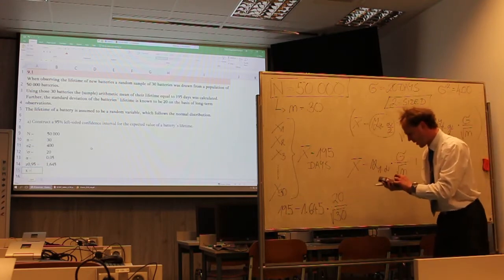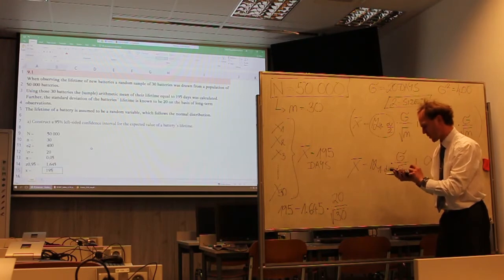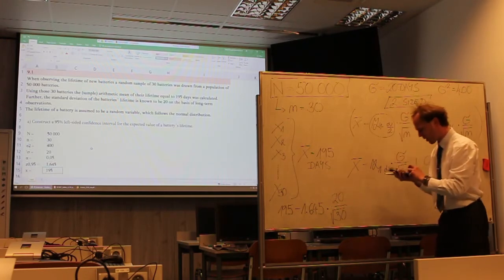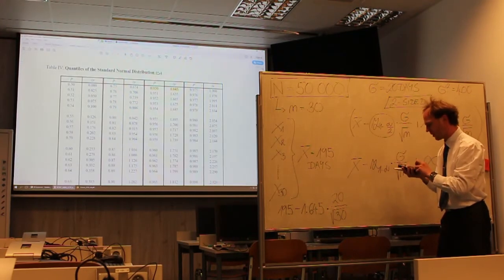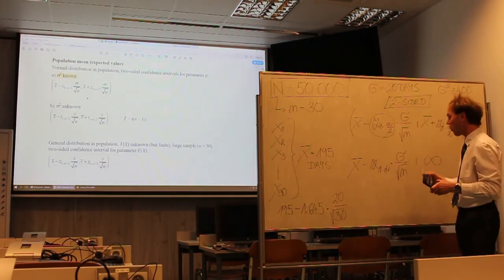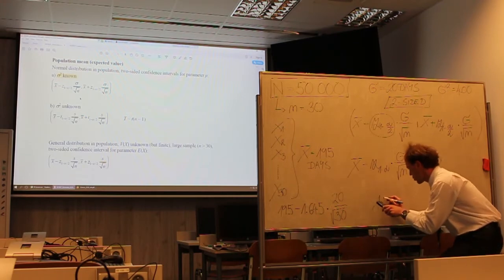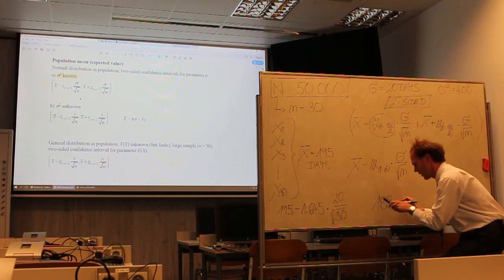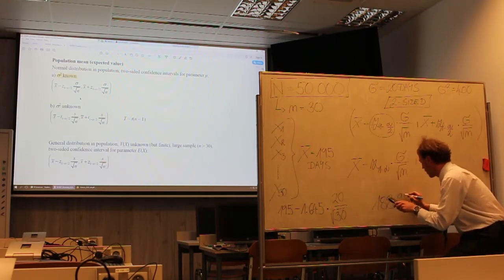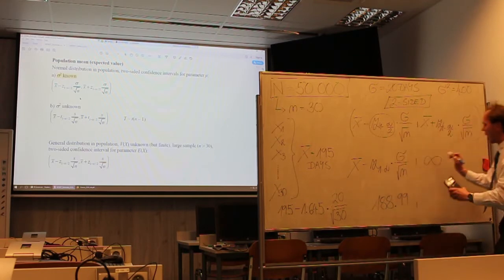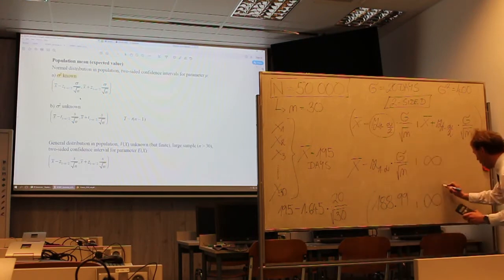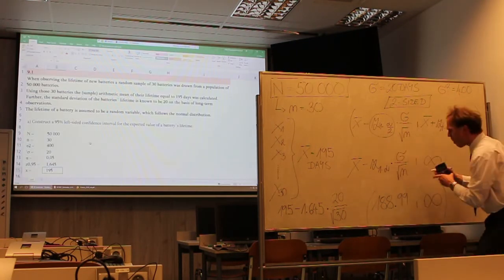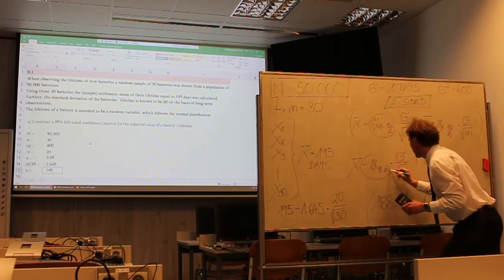So we calculate 20 divided by square root of 30 times 1.645 and subtract this value from 195. So the left side is 188.99 days, the right side infinity. So we used all our power on the left side.